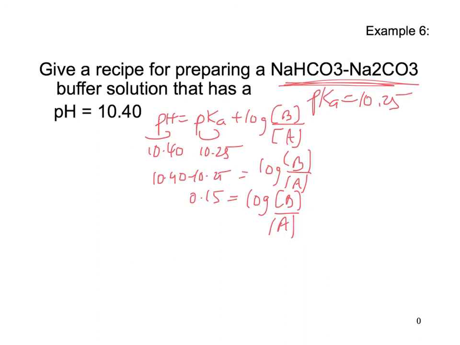And so hopefully you can envision that 10 to the power of 0.15 is going to give you the ratio in which these must be present. So the base over acid ratio should be, since it's log to the base 10, 10 to the power of 0.15, which comes out to be 1.412.